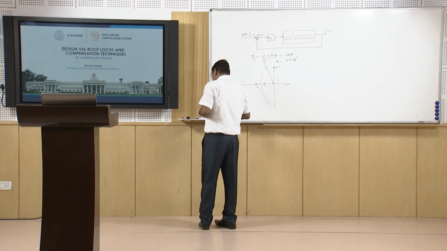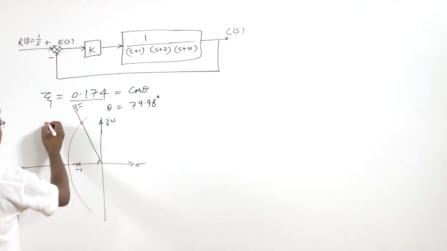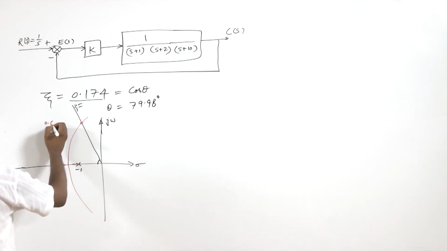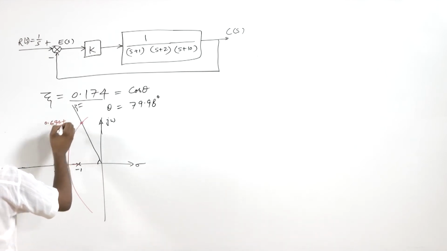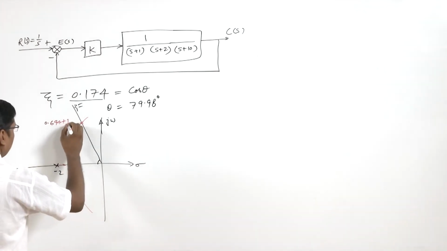We can find this point as -0.694 plus j 3.92.